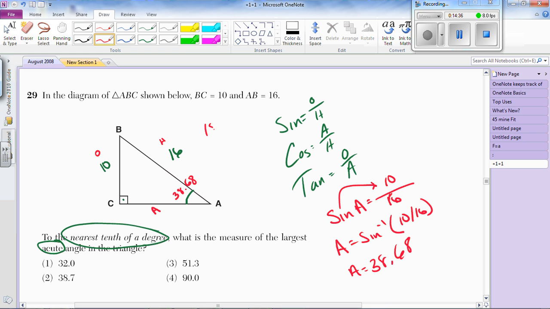And if I take 180, I subtract off 90, and I subtract off 38.68, that will tell me angle B. So 180 minus 90 equals 51.3. So angle B is the other one.